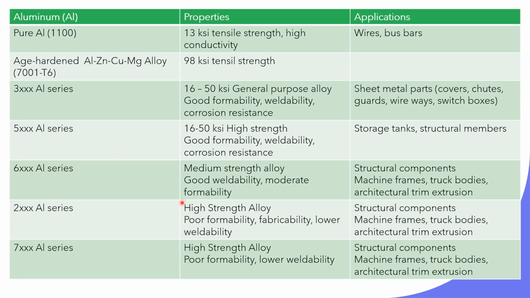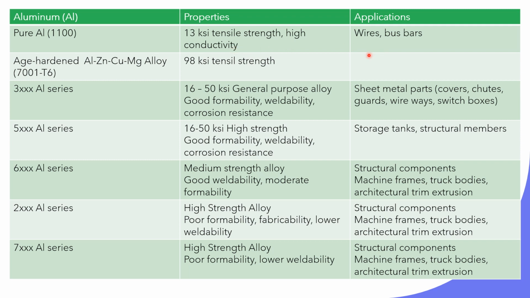Okay, this is a more complicated table. I'm showing you aluminum right here, and it's just explaining different series. They're not in order. And here are their properties, and here is their application or use. So pure aluminum in series 1, they're about 13 ksi in strength, and they have high conductivity.